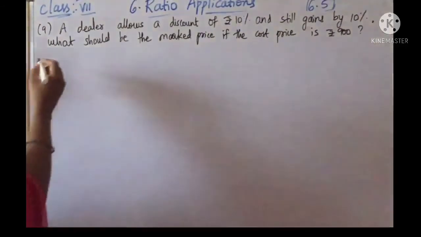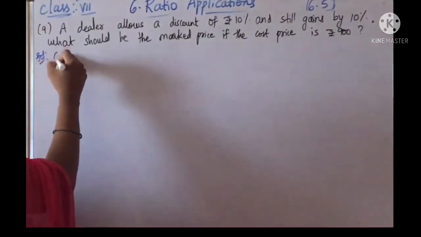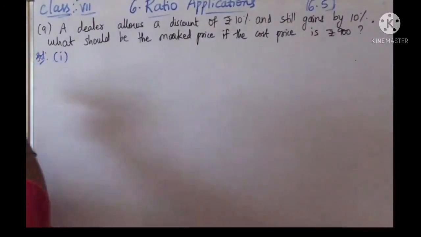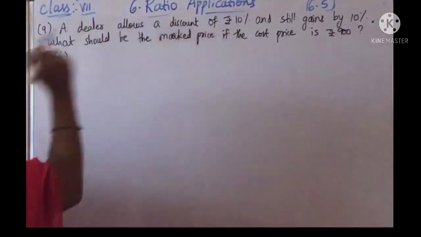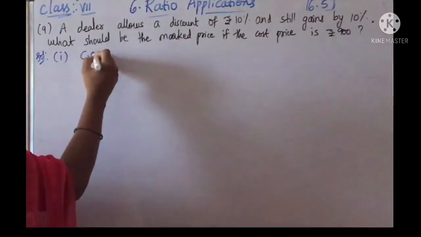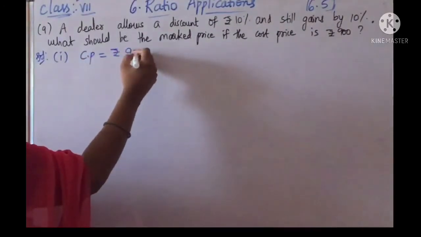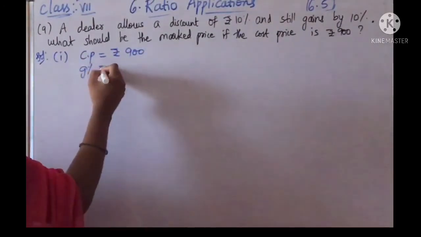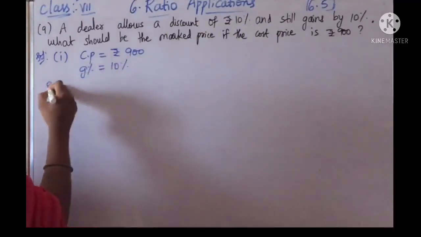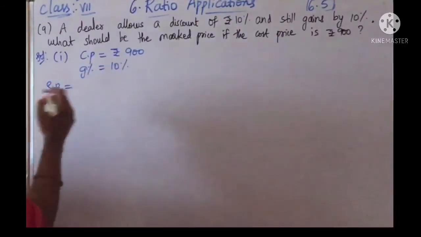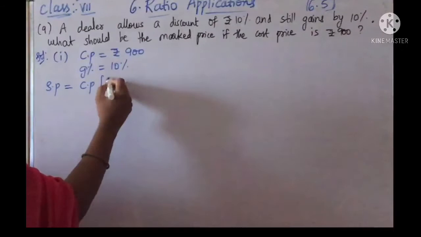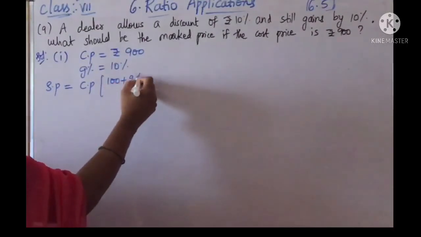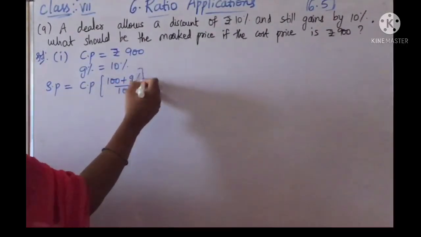So in the first step, in the first part, we need to find the selling price by taking CP and the gain percentage. So CP is how much? Rupees 900. Gain percentage is how much? 10%. So we need to find here SP. SP is nothing but CP into 100 plus gain percentage by 100.